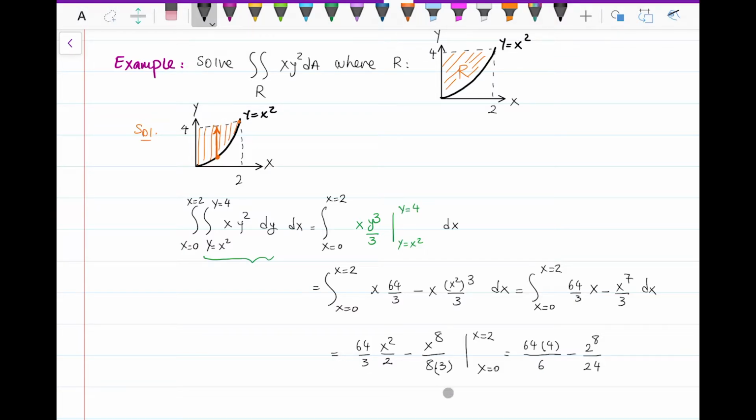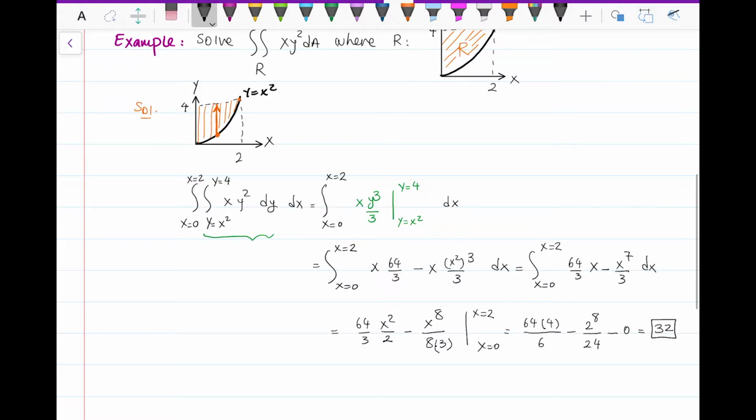And now minus, plug in 0 for any x, so it would be 0 here, another 0 here, so it is 0. So if you solve this integral, you get 32. Very good. This is with respect to y first.